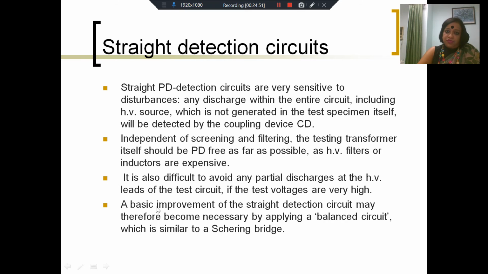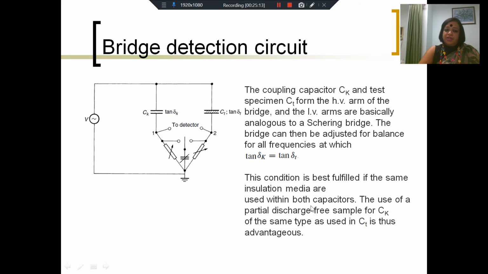And therefore, what we do is have a basic improvement of the straight detection circuit, and sometimes instead of using a straight detection circuit, we use what is called a balance circuit, a bridge circuit. This bridge circuit is very similar to a Schering bridge. We've not yet discussed the Schering bridge, but it is a bridge circuit where we balance it out and only measure the imbalances.